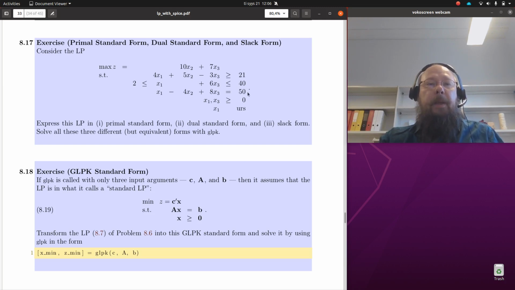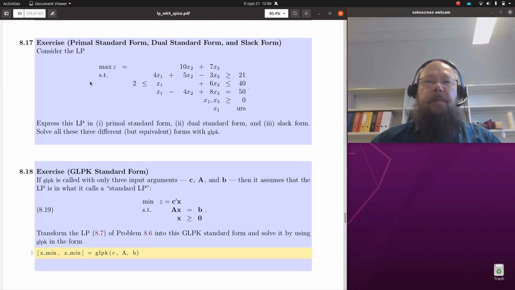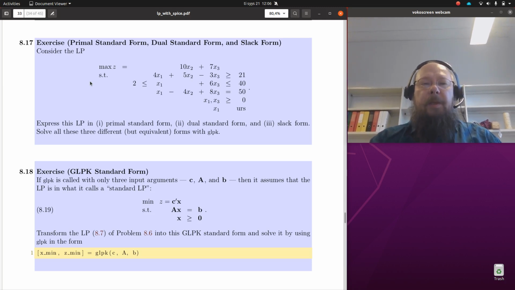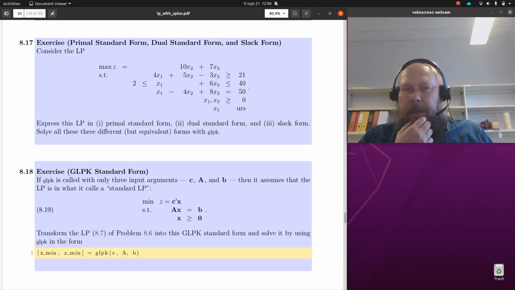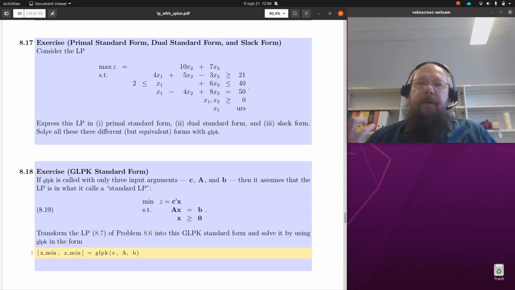I've given this LP more or less as a mess, meaning that it's pretty far from any standard form, for the sake of the exercise, of course. Now this LP you have to express in the primal standard form, dual standard form, and slack form. This is the first part of this exercise.